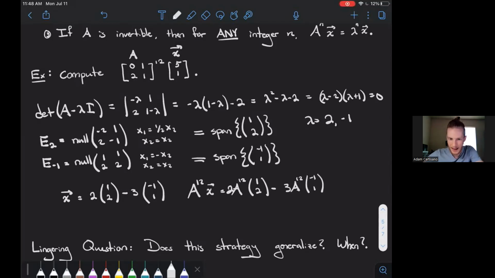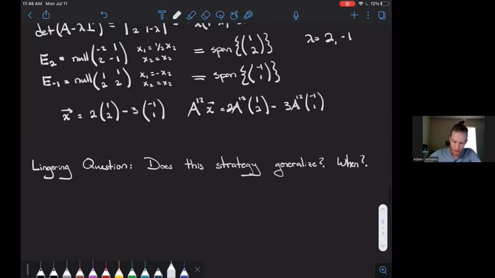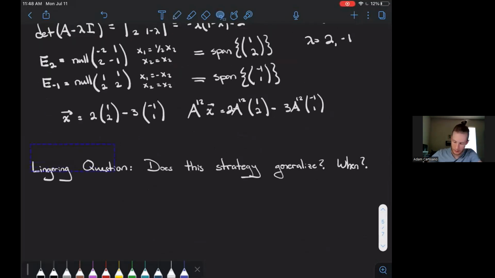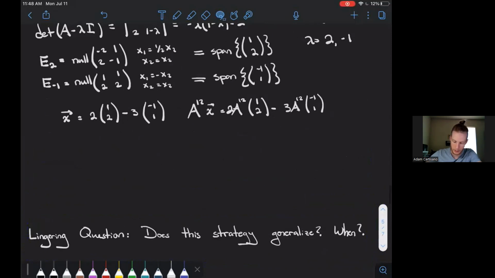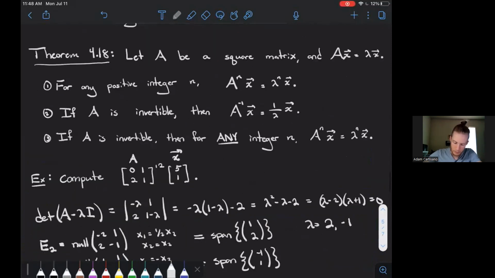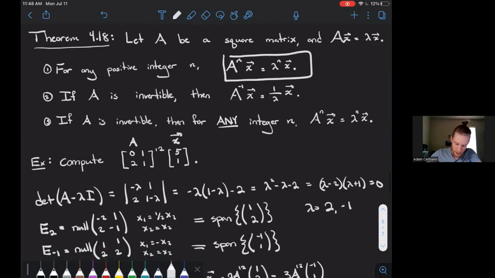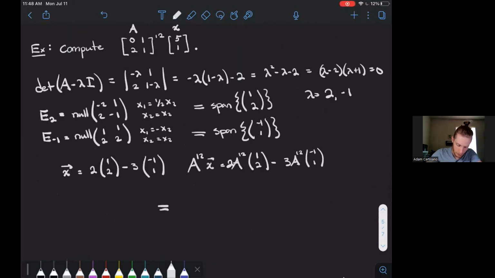Now, 1, 2 and -1, 1 are both eigenvectors of A. By theorem 418, I don't need to know A to the 12th in order to compute A to the 12th times an eigenvector. I just do lambda to the 12th times that eigenvector.